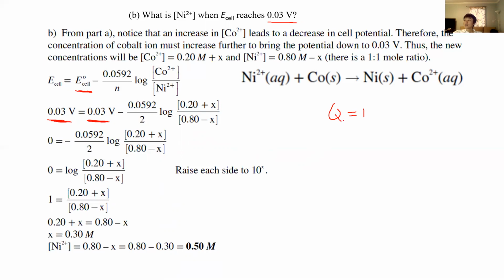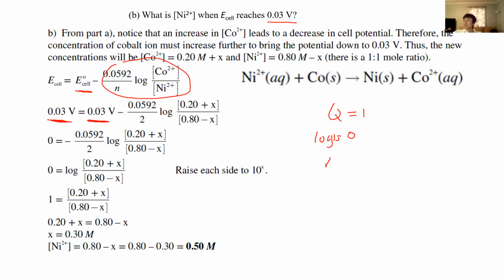When Q equals 1, the log of Q is equal to 0. The log of 1 equals 0, so this whole term is going to be equal to 0. So you want the cobalt concentration equal to the nickel concentration.